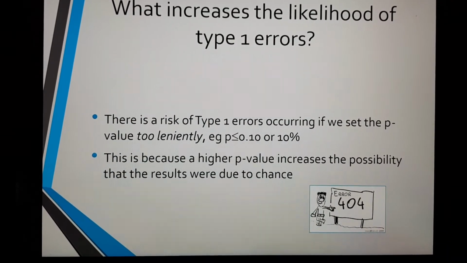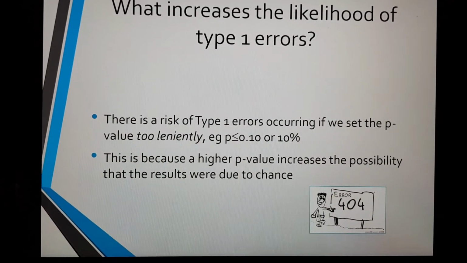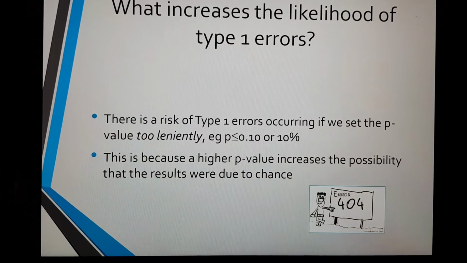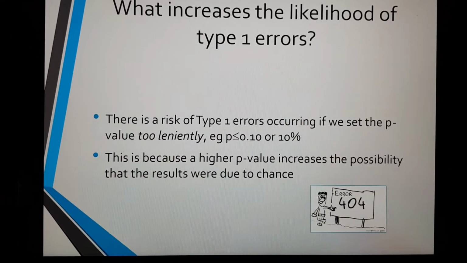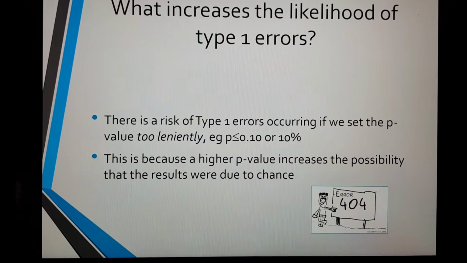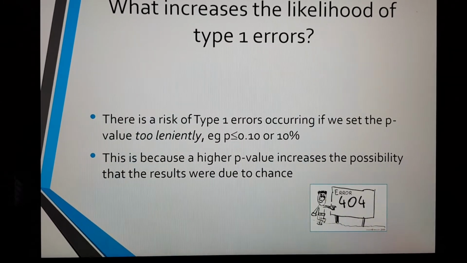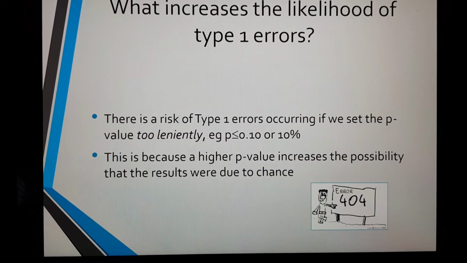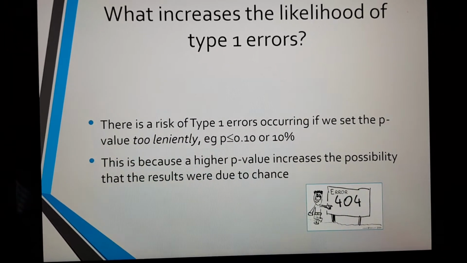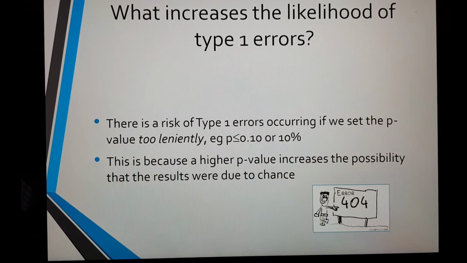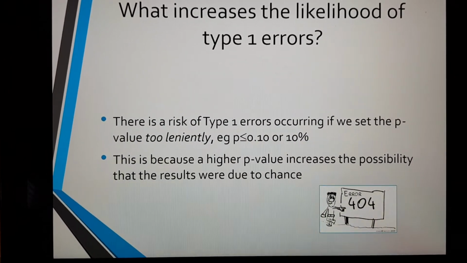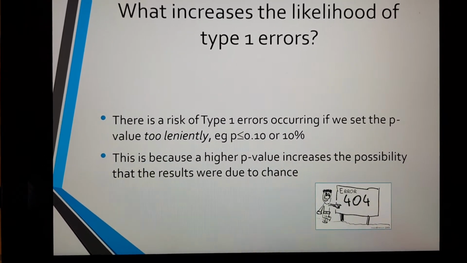Okay, so there's more possibility that your results are going to be due to chance, because 10% isn't as stringent as the 5% probability level. So you're introducing more opportunity to make the wrong decision because you've allowed more for probability.